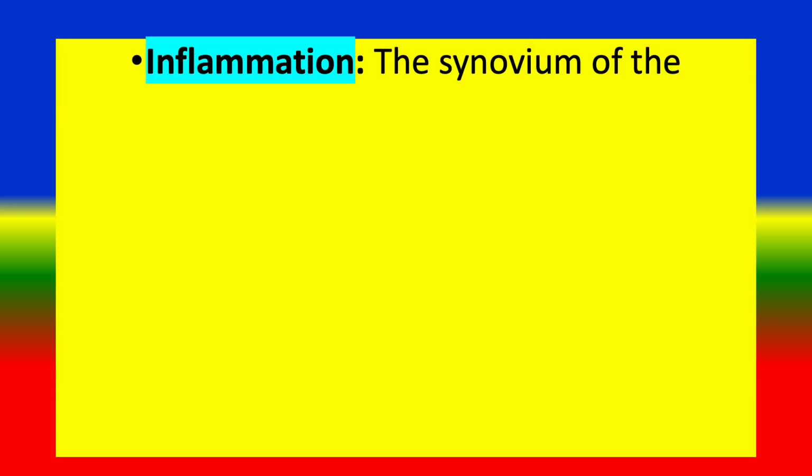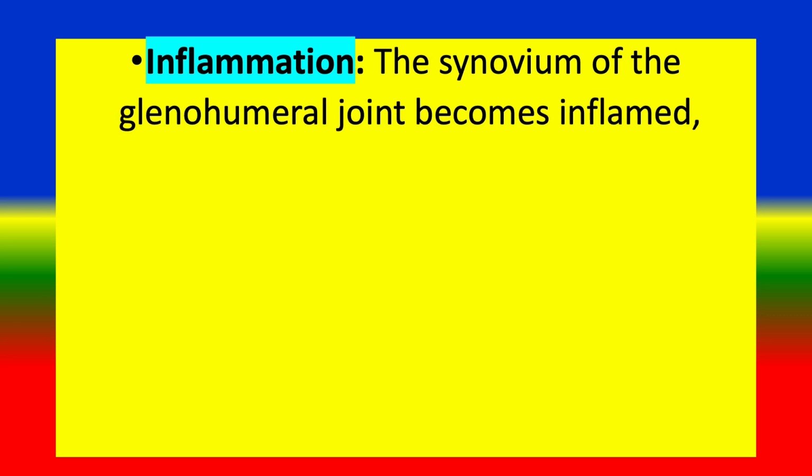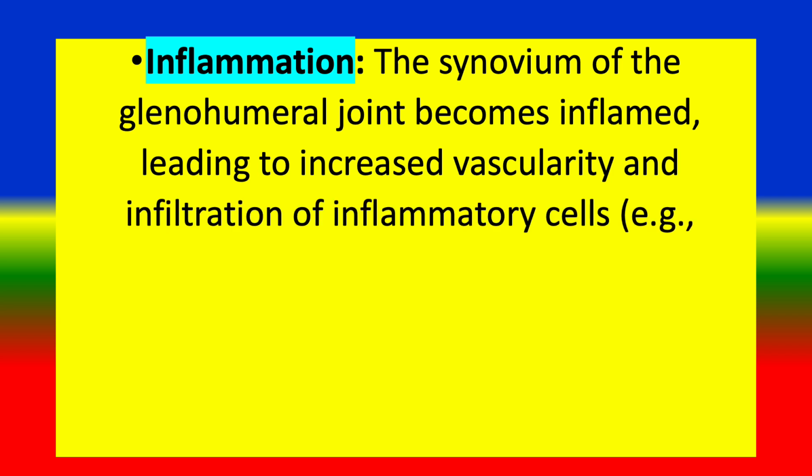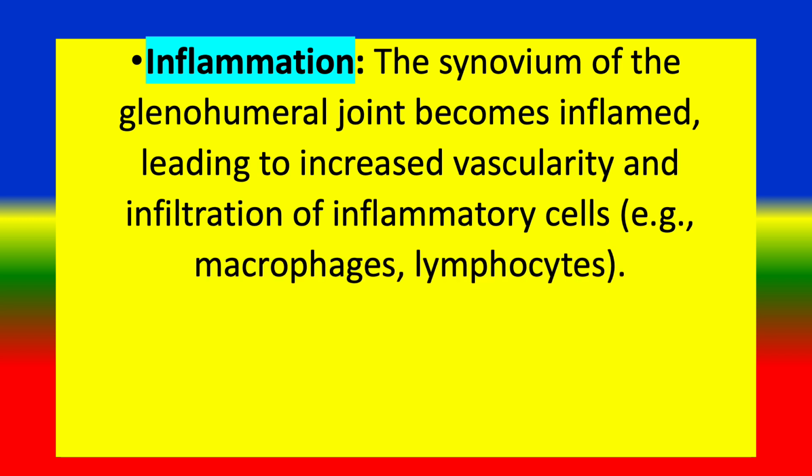Inflammation: the synovium of the glenohumeral joint becomes inflamed, leading to increased vascularity and infiltration of inflammatory cells, for example macrophages, lymphocytes.